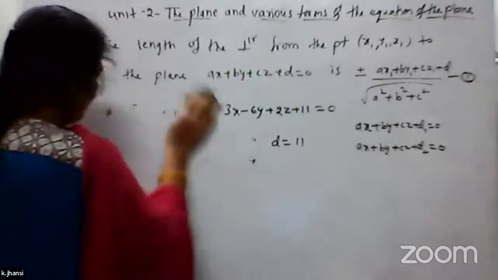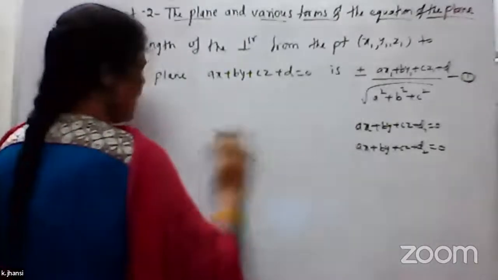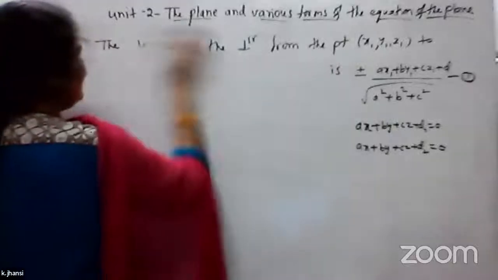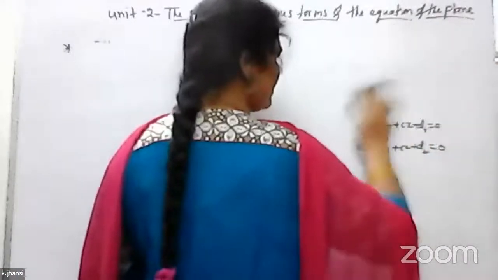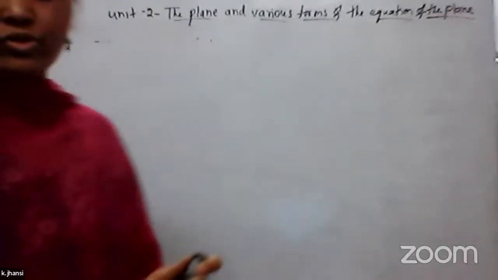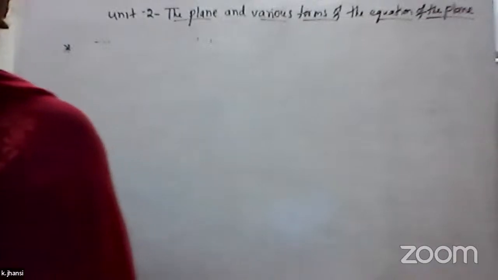sometimes they will directly give one plane equation and ask to find the equation of the plane which is parallel to that one. That means instead of lambda, whatever d value is there in the given problem, you have to substitute the lambda, then you will get the answer.